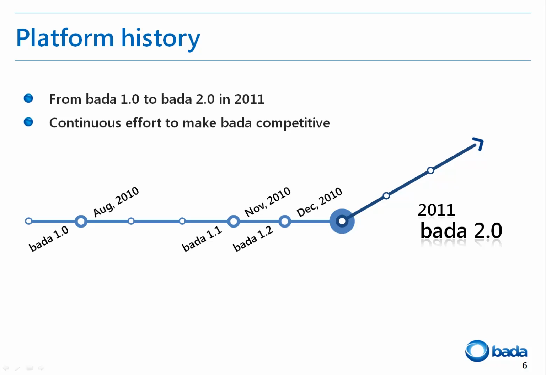Another new feature in bada 1.1 was the addition of an app test environment through Remote Test Lab, which allows developers to test in devices remotely, and a test framework, which allows developers to perform unit testing during the application development.